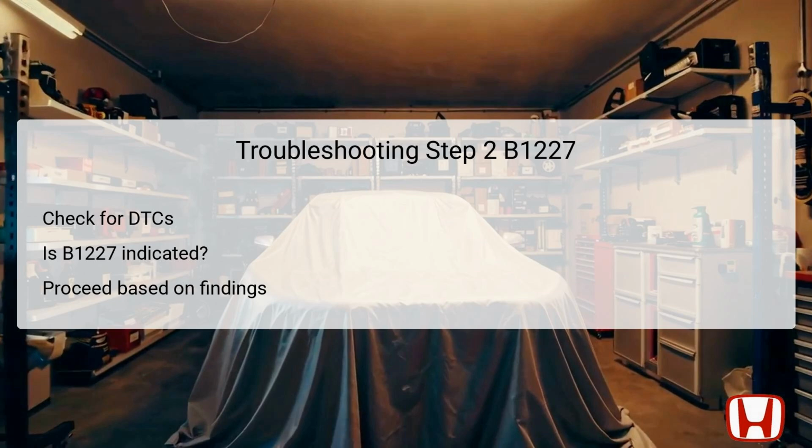If B1227 appears, further investigations into the outside air temperature sensor circuit are warranted. Conversely, if no DTCs show up, it may suggest an intermittent failure, potentially caused by loose wires or poor connections. Proper documentation of these findings aids in determining the next steps in the overall troubleshooting process.